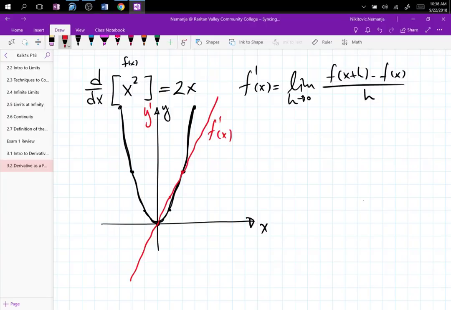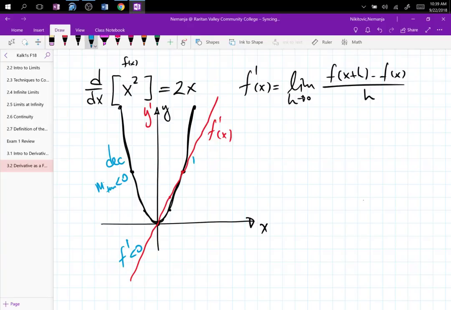So we see now that there is a relationship between the function and its derivative. When the function is decreasing, your m tangent is less than 0, therefore your derivative is less than 0.